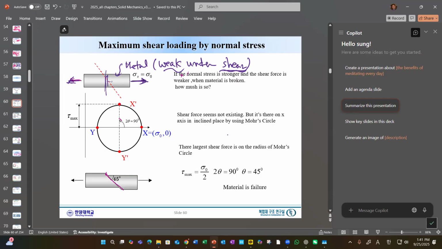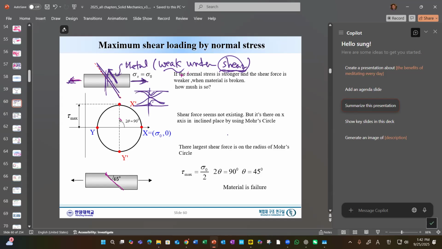So this material will not fail. What will be the maximum shear stress? As we already know, at 45. At 45, this shear stress is a maximum. So this metal is weak under shear, and where is the maximum shear stress? At 45 degrees. That's why this guy starts to have what we call necking at 45. So it's gradually like this, and then finally failure.